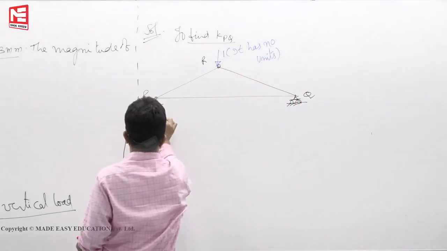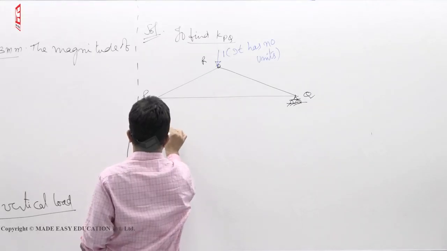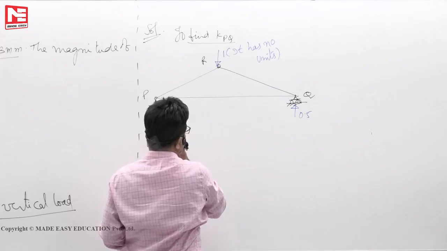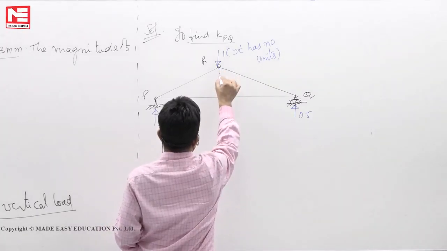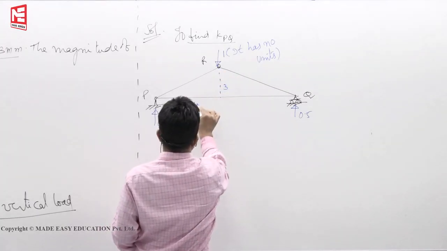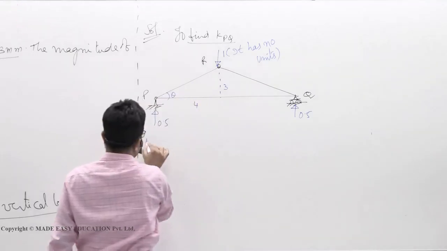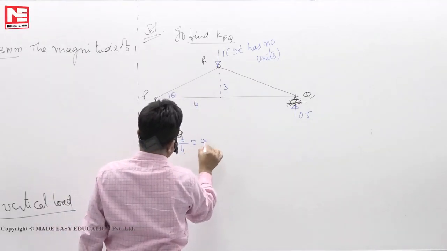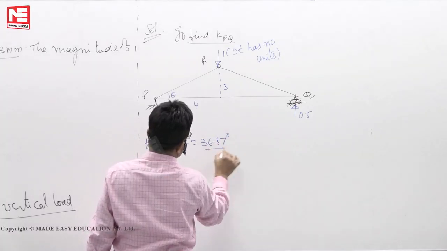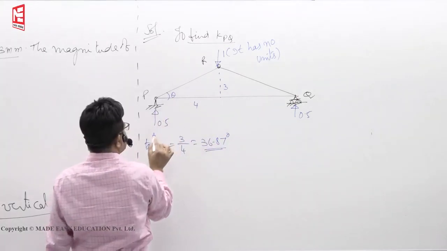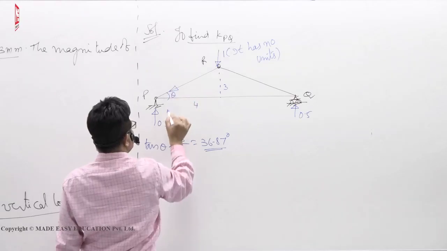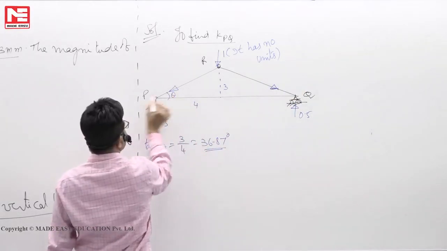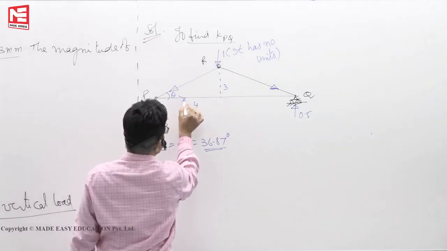Because of 1 here, it is 0.5, 0.5. The reactions are like that. Now this height is 3, this is 4, so tan theta is equal to 3 by 4. You'll get around 36.87 degrees. So if this is upward, it has to be downward. Because of symmetry, it should be the same, downward. If this goes right side, this arrow must be right side.